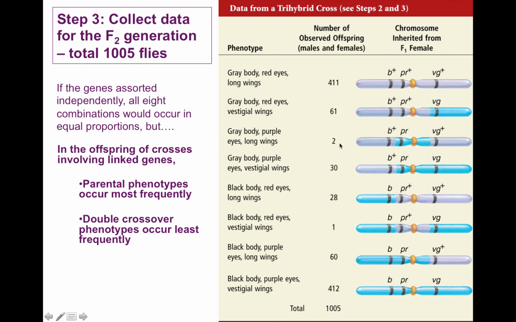Let's look at if the reciprocal is also true. Let's look down here. Okay. Here we have the recessive allele and the recessive allele, but the wild type allele for purple. So the odd man out here, the one that's different in the combination between the other two, is the genetic locus in the middle.